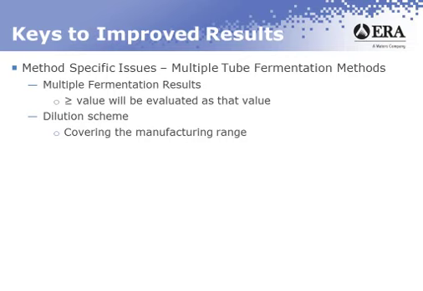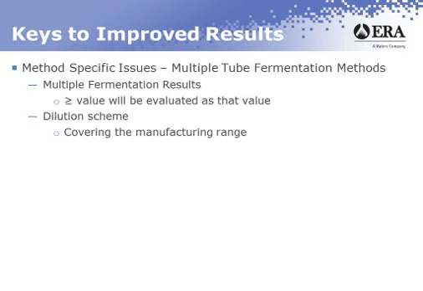If you're performing multiple tube fermentation, you want to run a series of results that's consistent with that range. As I mentioned earlier with the 15 tube, standard methods does allow you to run an additional series of tubes to increase the range that you can cover. You may want to consider that given how the PT samples are designed.